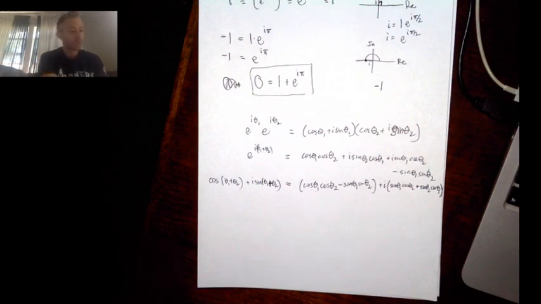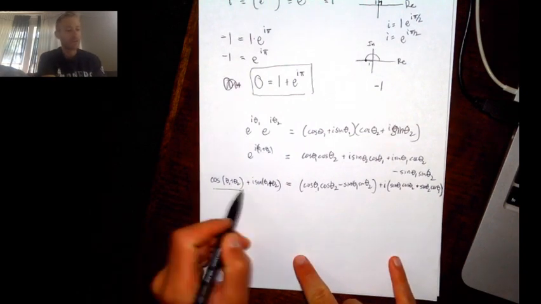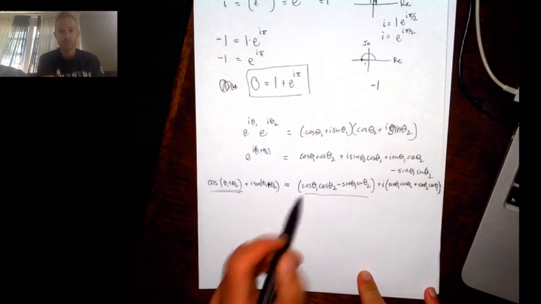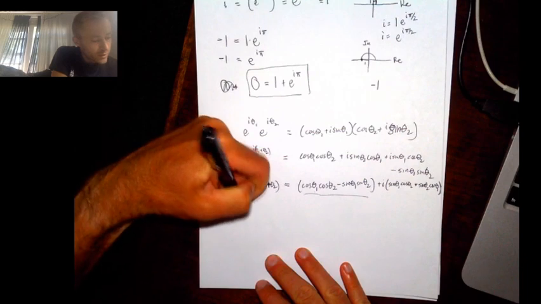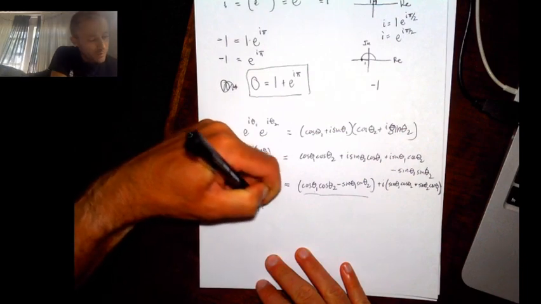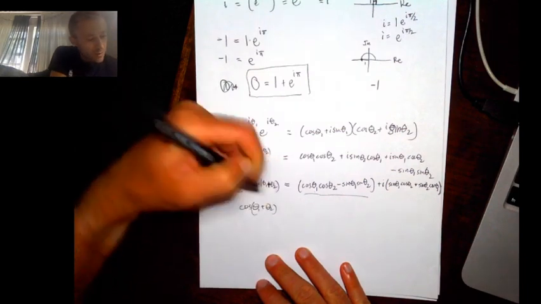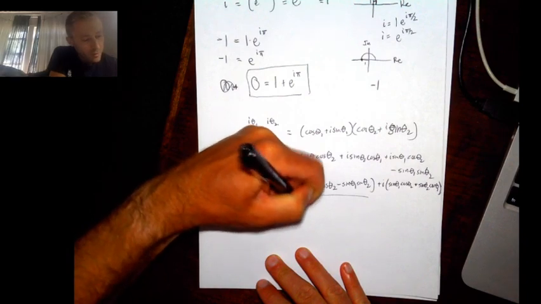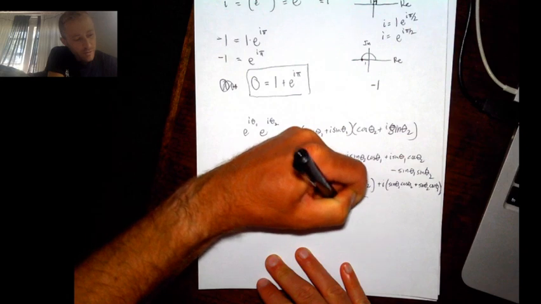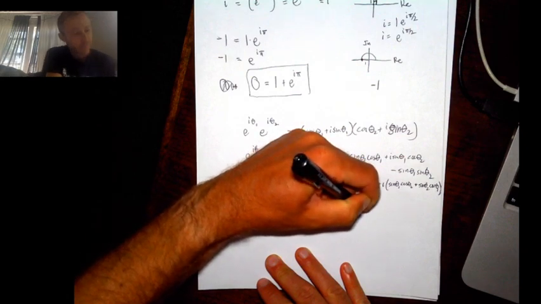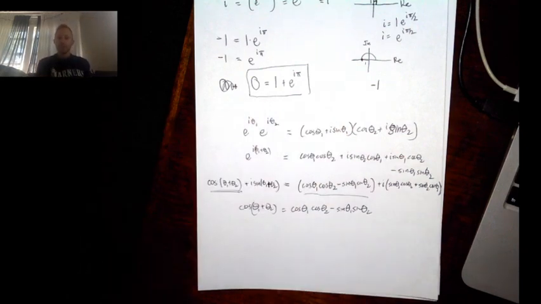So the real part of this has to be equal to the real part of this. So that means that cosine of (theta 1 plus theta 2) is equal to cosine of theta 1 cosine of theta 2 minus sine of theta 1 sine of theta 2. So we proved the angle addition formula for cosine using complex numbers.